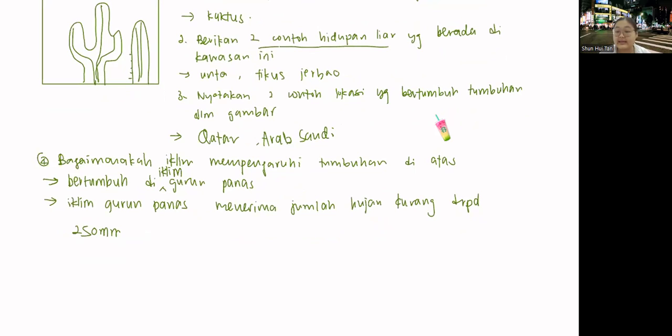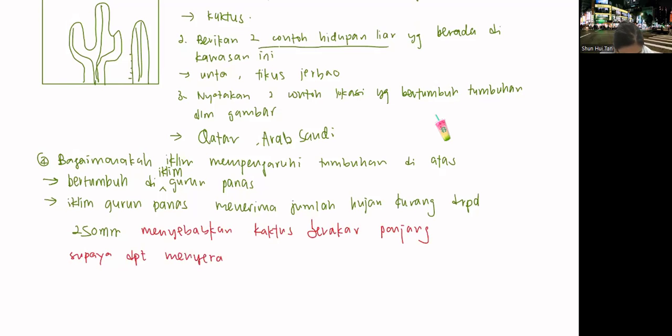All right, so you can slightly explain, relate a little bit, right? You can say menyebabkan cactus berakar panjang supaya dapat menyerap air di bawah tanah. Now, and then you can come to the temperatures.